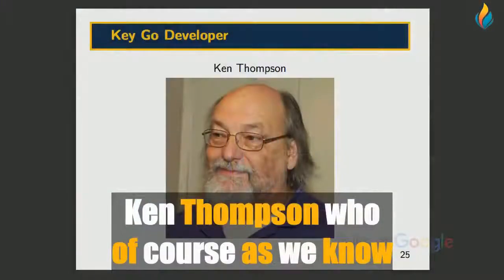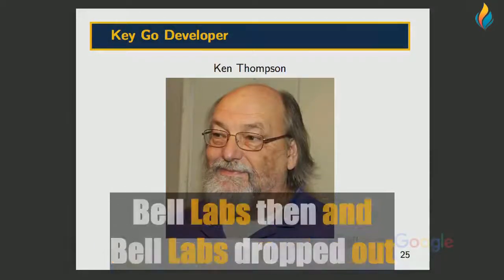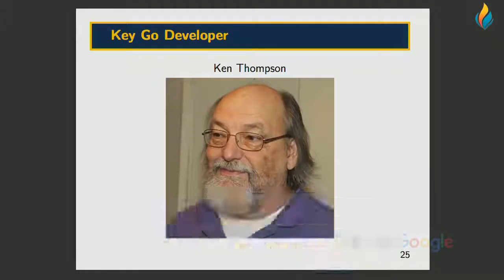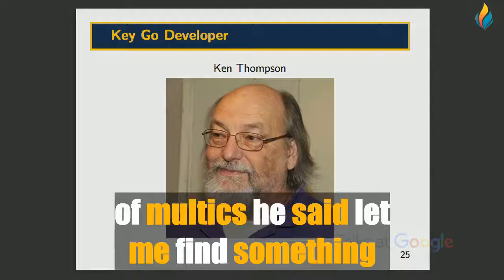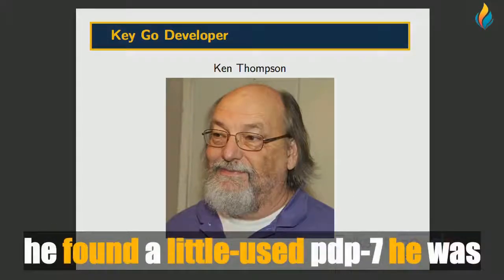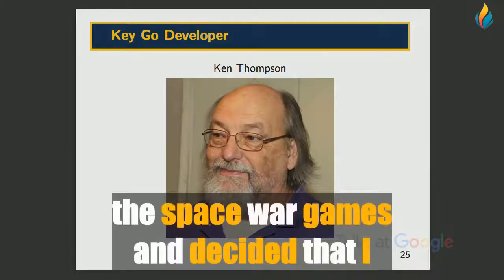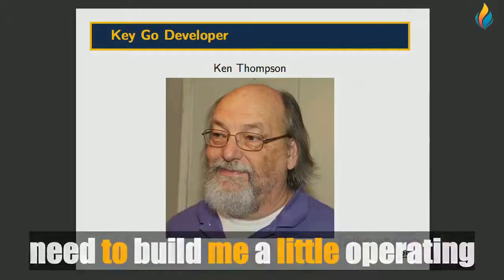Ken Thompson, who, of course, as we know, went on to work on the Multics project at Bell Labs. Then, when Bell Labs dropped out of Multics, he said, let me find something interesting to work on. And as he puts it, he found the little-used PDP-7. He was going to do space exploration type stuff, well, space war games, and decided, I need to build me a little operating system.